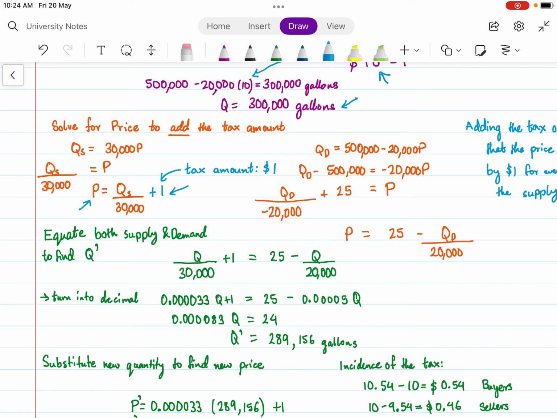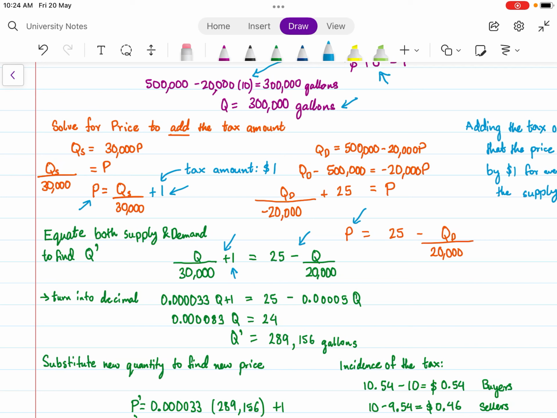On the other side, the demand side, we also isolate for P. And this will allow us to equate both demand and supply. The supply equation will contain the new tax, the unit tax, and the demand side will be 25 minus Q over 20,000.